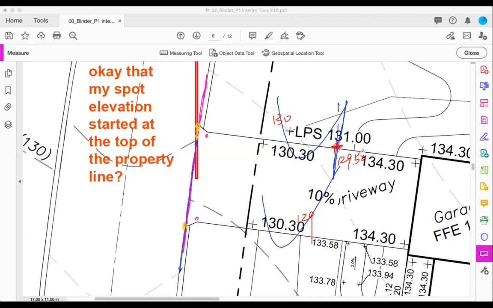It's proportional. It's exactly the process as when we did the swale exercise 5, right? Finding out where a certain elevation would be based on the horizontal distance to the closest whole number contour.